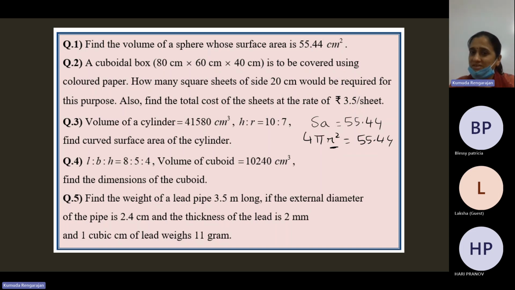Once you find r, you can put it in the formula 4 by 3 pi r cubed and find the volume. That's all. Do it. You can write 55.44 in the next step as 5544 by 100 if you want to shift the decimal point.